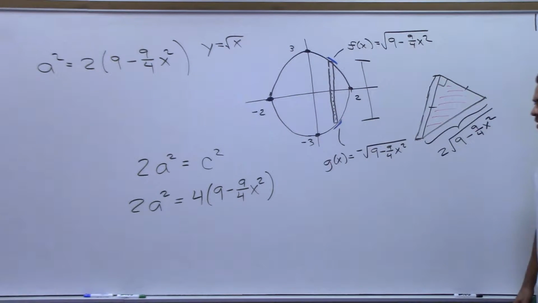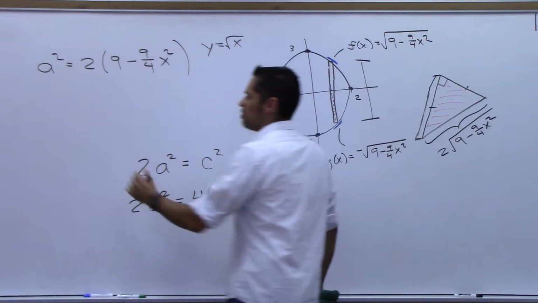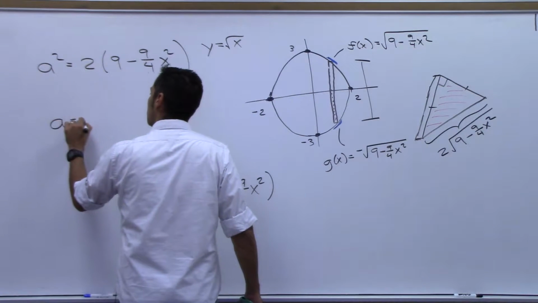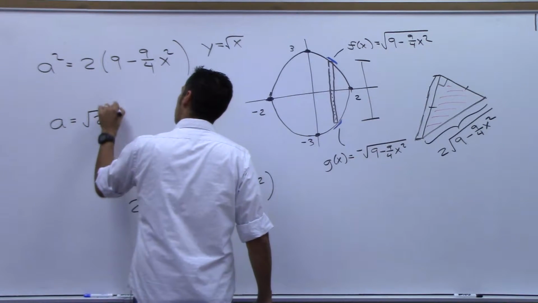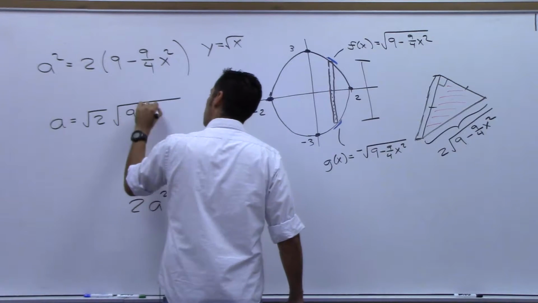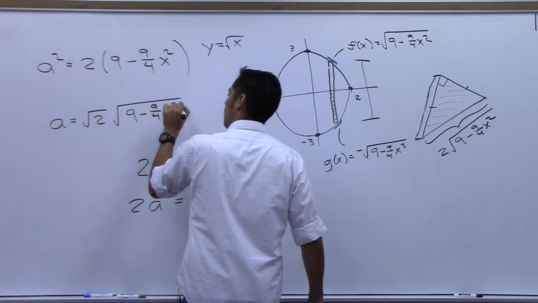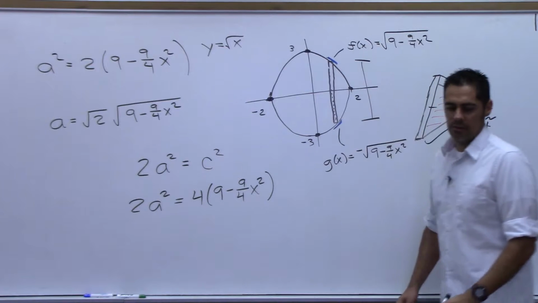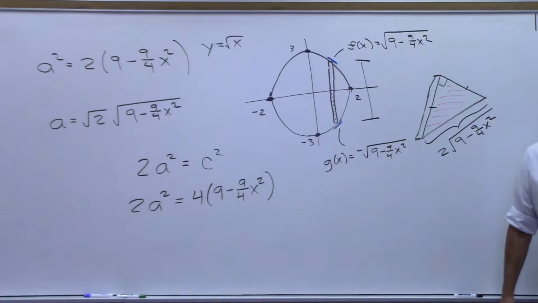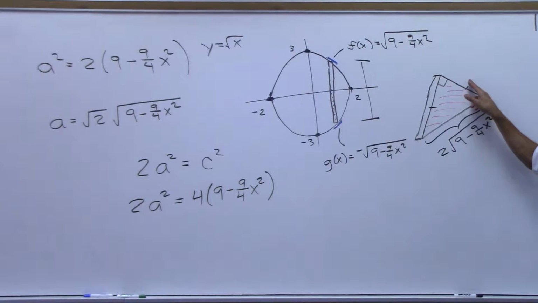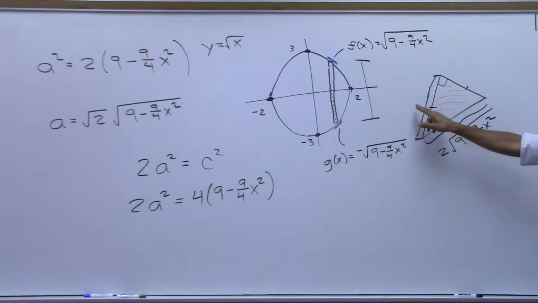And then square root it. And I guess we're going to be back almost to where we just were. A is going to be root 2 times root 9 minus 9/4 x squared. That's what this side is, right? That's what that side is, but that's what that side is also.